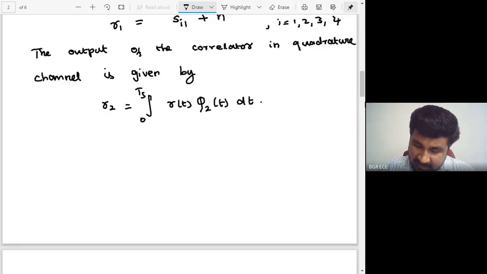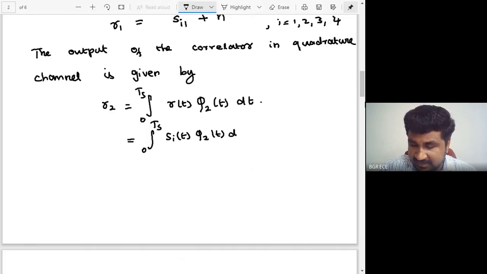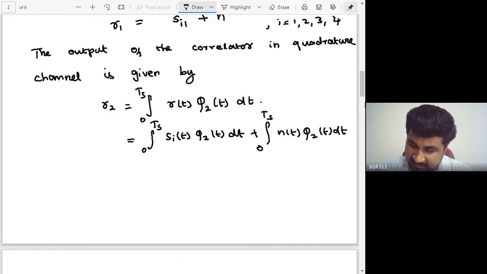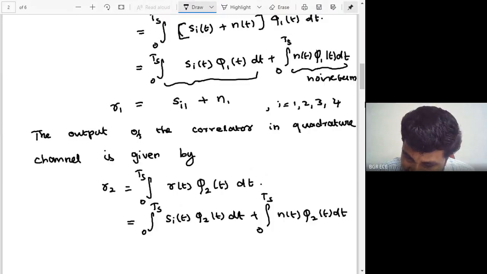We know that r(t) is si(t) plus n(t). So this integration is written as the integral of si(t) phi 2(t) dt plus the integral over Ts of n(t) phi 2(t) dt.